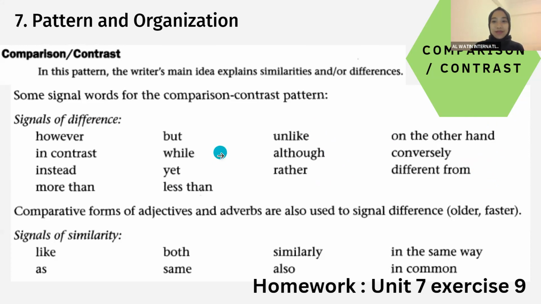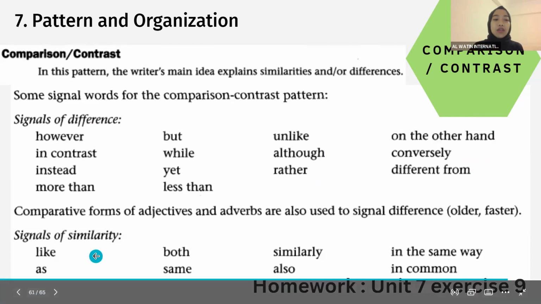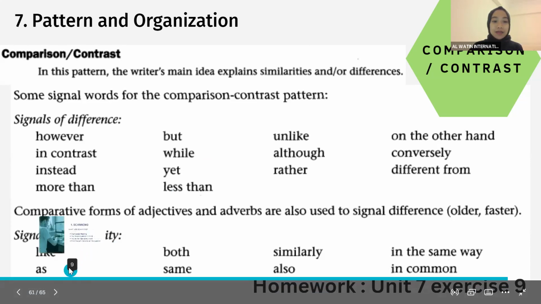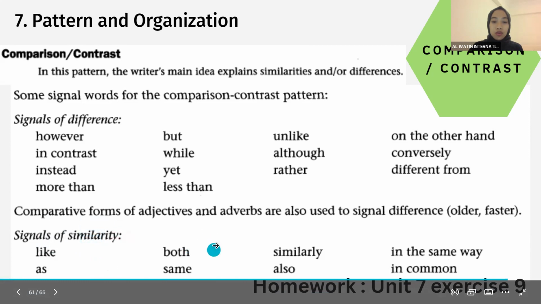However, if you want to explain the similarities, when they both are similar, the same, you can use words like as, both, same, similarly, also, in the same way, and in common. Okay.